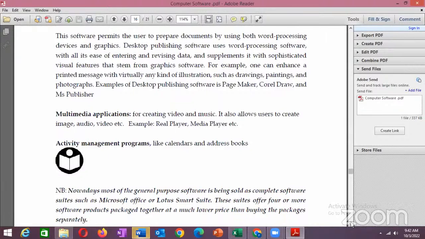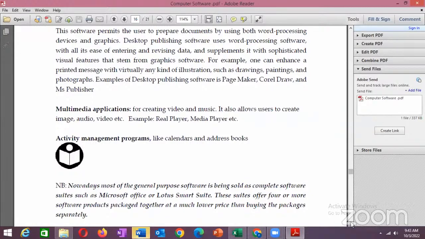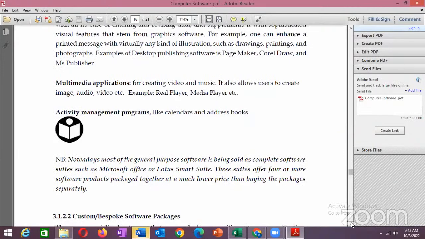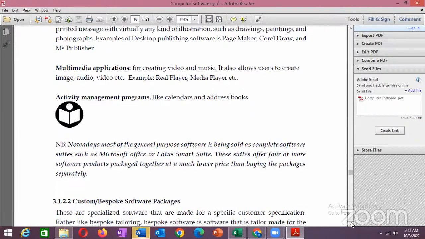Then multimedia applications are for creating video and music. They allow users to create images, audio, and video. Examples are RealPlayer, Media Player, etc. We also have activity management programs like the calendar and the address book, which you have in your smartphone.